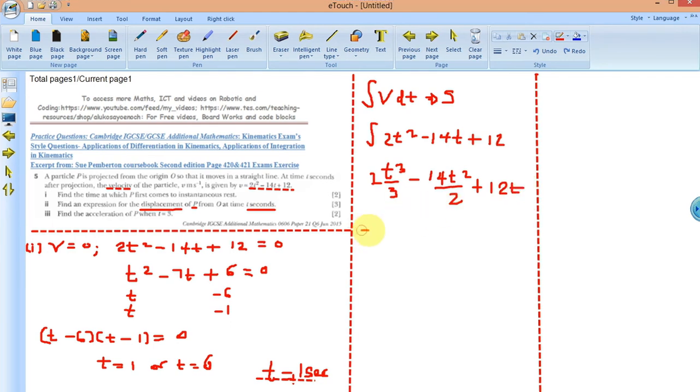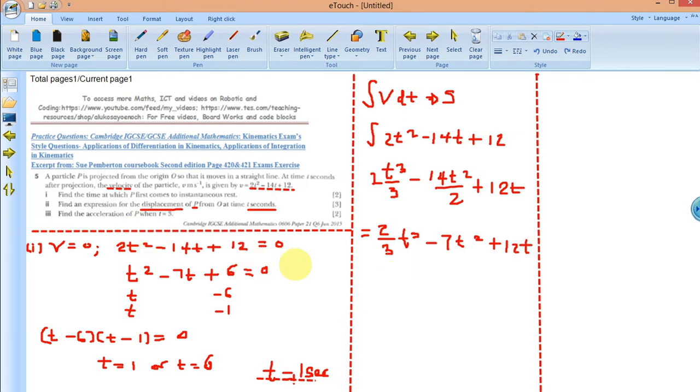Equals 2 over 3 t cubed. When you do 14 divided by 2, that is 7, minus 7t squared, then plus 12t.